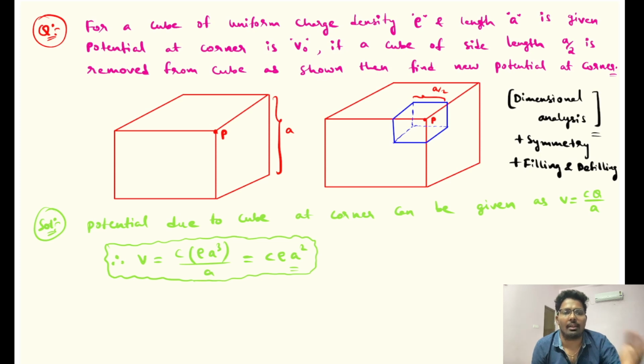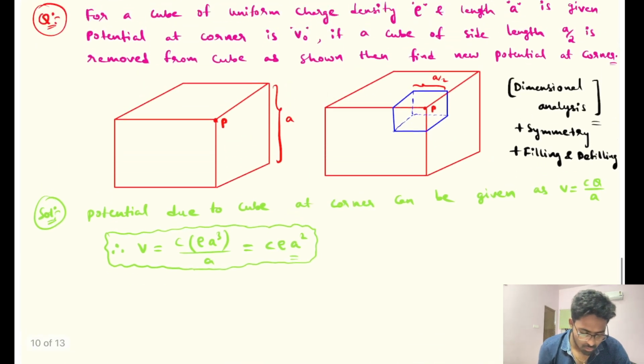By filling, we convert it into a known figure for which we know the formula, and whatever we fill is also a known thing, so we know the result due to that also. The result due to the filled part minus the result due to the removed part gives the answer for the required condition.